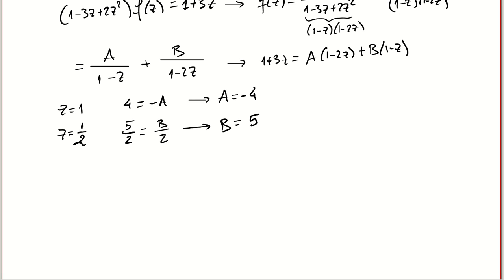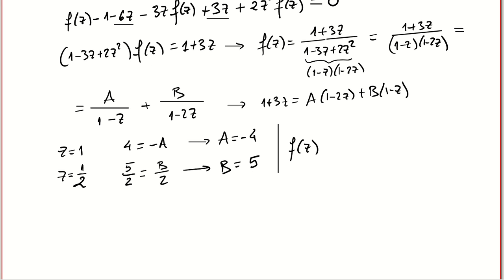We already have the coefficients, so f is just 5 over 1 minus 2z minus 4 over 1 minus z. Now expanding this is very easy because both are geometric series.